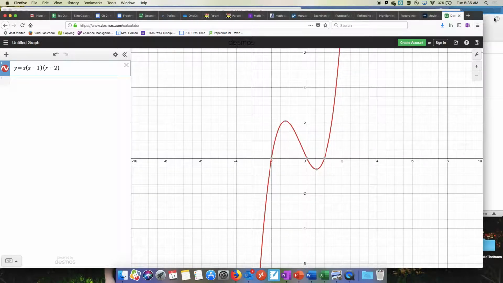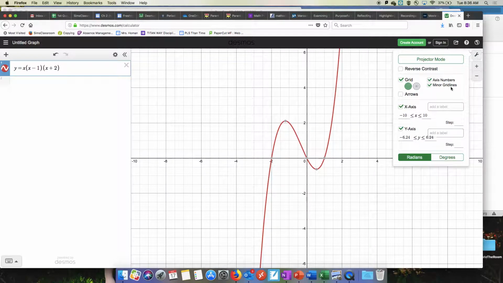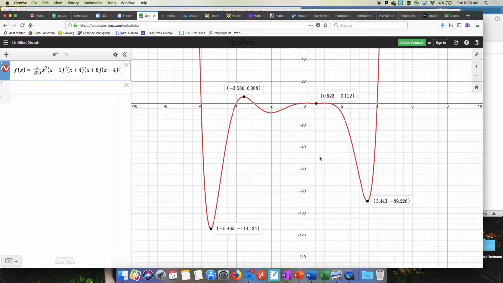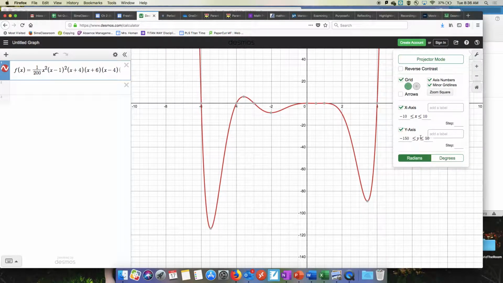Okay, also look up here. Do you see this little wrench? Okay, you can change the x-axis and y-axis scale. So over here on Isaac Newton's birthday polynomial, I changed my y-axis until I could see my minimums and maximums, okay? So my scale went from negative 150 to 50, okay?